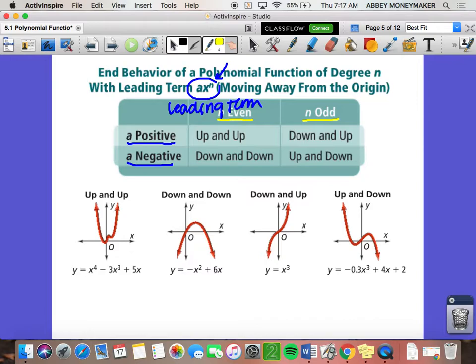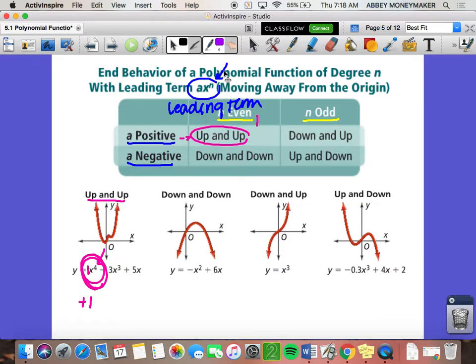So if we have an a value as positive and my exponent is even, that gives me up, up. And that's an example right here. Look at your leading term. Your a value is 1, that's a positive 1. And then your exponent is an even number, 4. So that's why it's up, up.